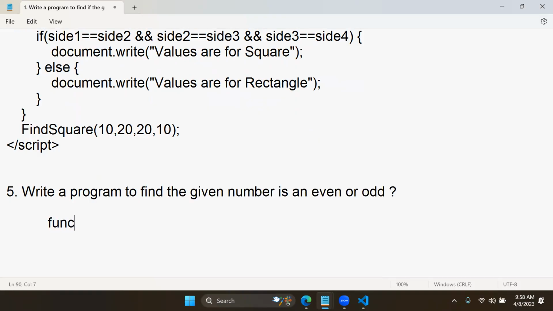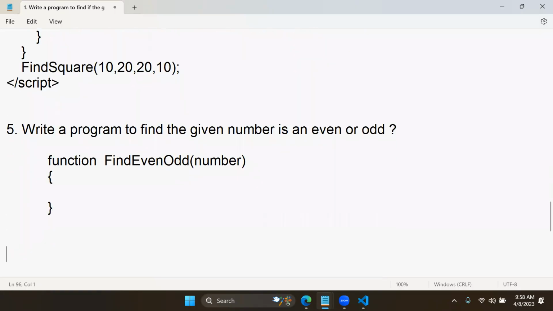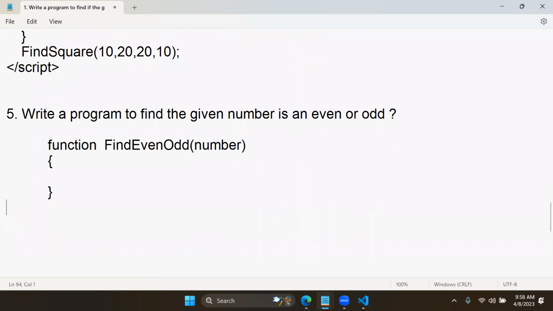So the function is find even odd, something like that, and you pass a number. It should return whether that number is an even or odd number. Any number which is passed, it should verify whether it is even or odd and return it. How?